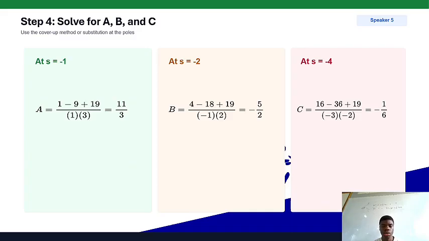To find C, we put S equal to minus 4 into the equation, giving 16 minus 36 plus 19 all over negative 3 times negative 2, which yields minus 1 over 6. So at the end, we have A being 11 over 3, B being negative 5 over 2, and C being negative 1 over 6.